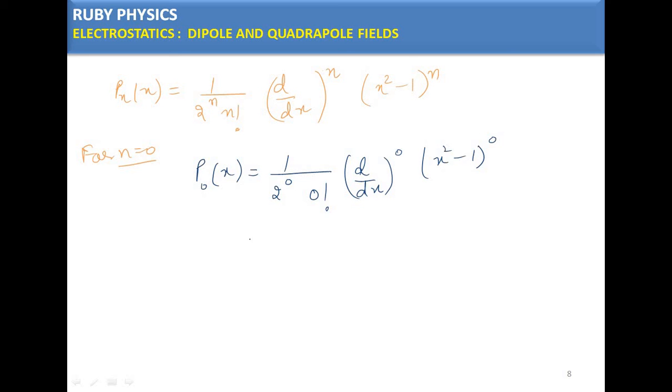Okay, and this will be 1. D by dx to the power 0 of x square minus 1 to the power 0 is 1. So this whole term will be 1 only. Okay, similarly you have to find for p1x, okay, p2x, then p3x, okay.